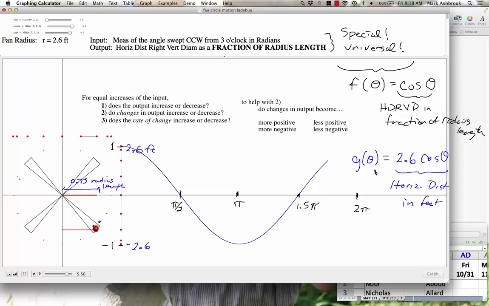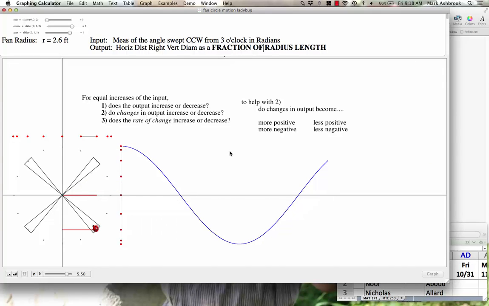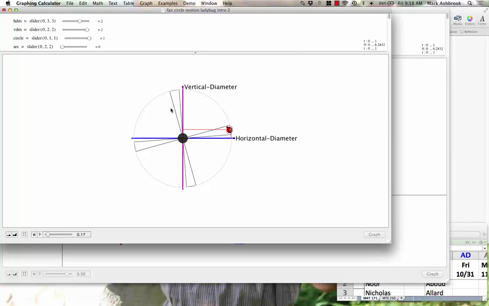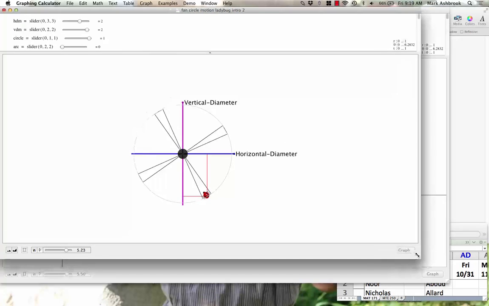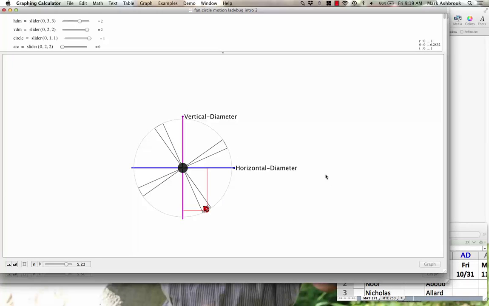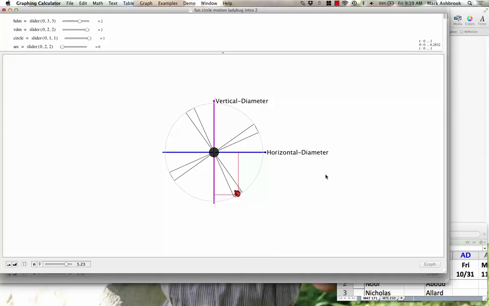Any questions on cosine or the graph that we get? Okay, so here's our bug. The fan is rotating, but we're going to pause the fan, and I'm going to say, estimate the value of sine and estimate the value of cosine for this position of the bug.